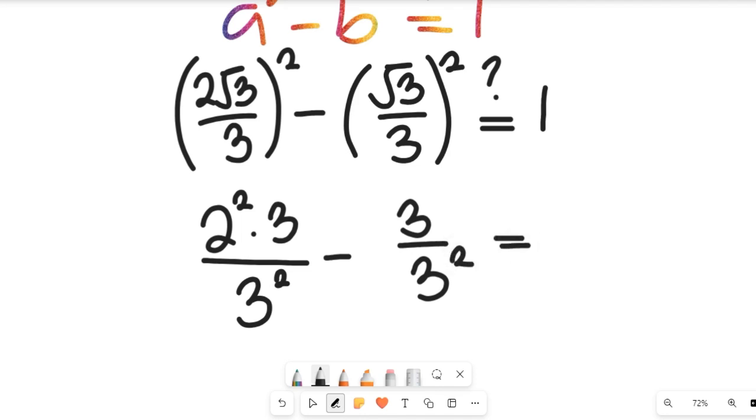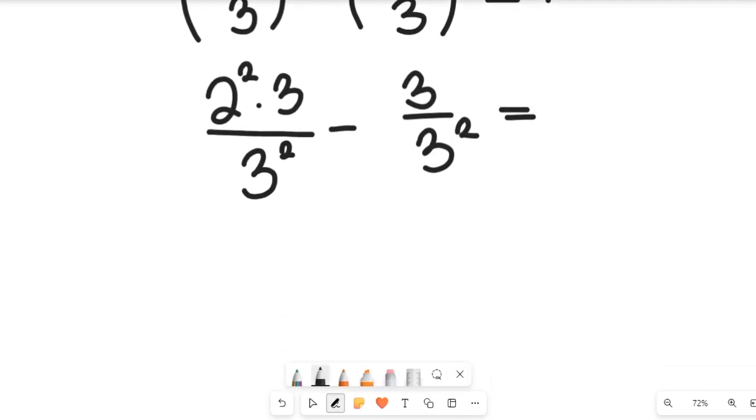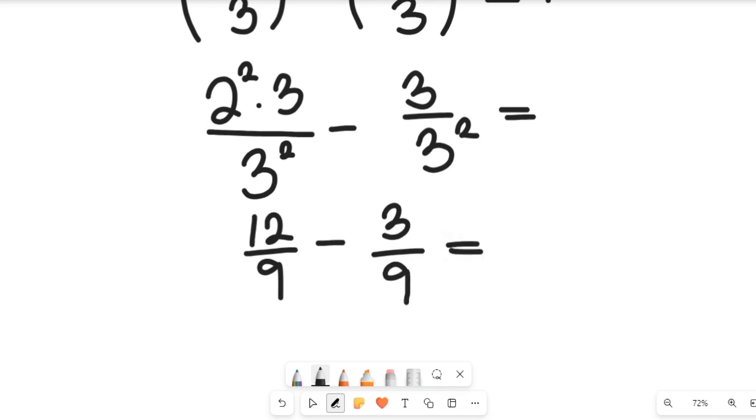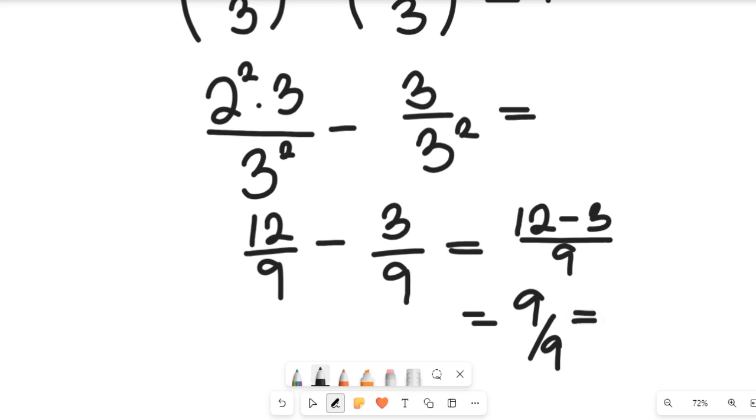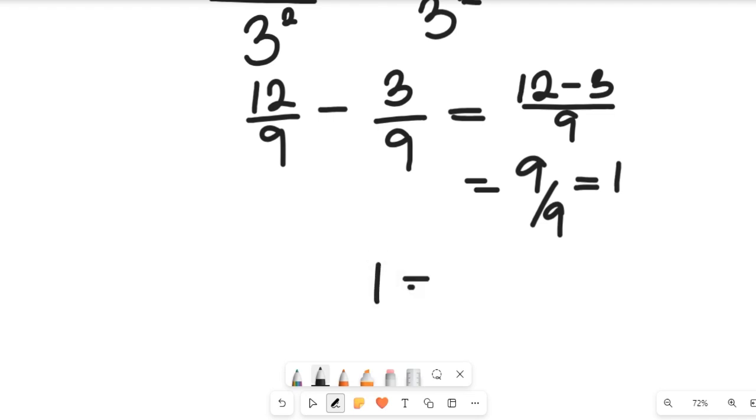If we simplify that expression, we'll have 4 multiplied by 3 is 12 divided by 9, minus 3 divided by 9. If we find the LCM, this simply gives us 12 minus 3, which is 9, divided by 9, and that will be equal to 1. So you see, 1 on the left hand side is equal to 1 on the right hand side.